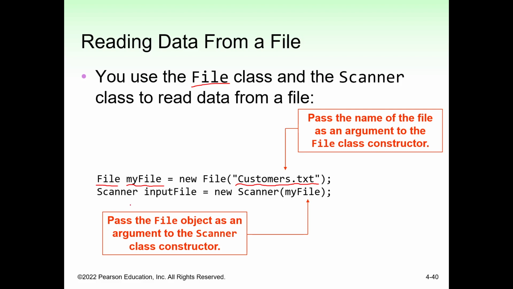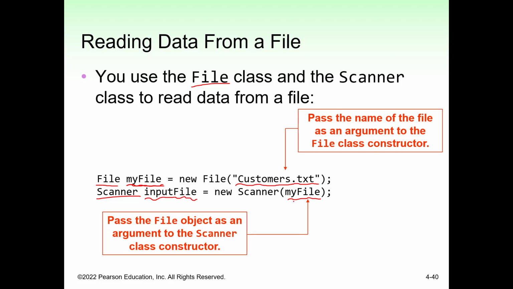Then after this line, we have to open our Scanner. And remember, when we used Scanner before, we would put new Scanner(System.in). Right here, we would put System.in, which meant that we want to get input from the keyboard. But in this case, we do not want input from the keyboard, we want input from the file, right? So what we do, we say Scanner, then whatever name you want your object to have, in this case it's inputFile, equals new Scanner, and then whatever name you put right here when you were creating your file.